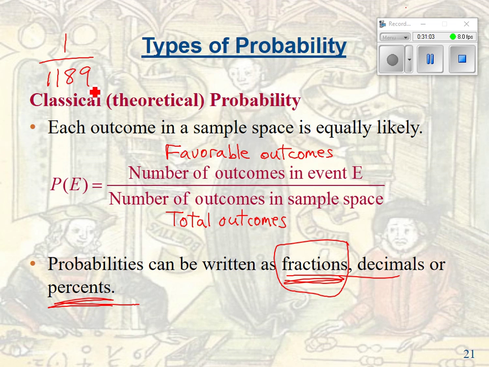Is that fraction going to make sense to anybody? No. So it wouldn't make sense to anybody to say 1 out of 1,188, so we probably want to change that into a decimal or a percentage. Say the percent of picking that certain pizza is whatever it came out to be.